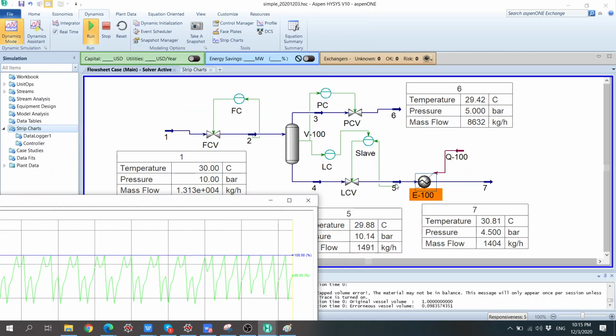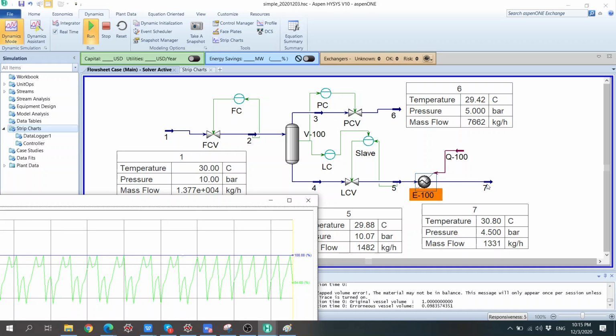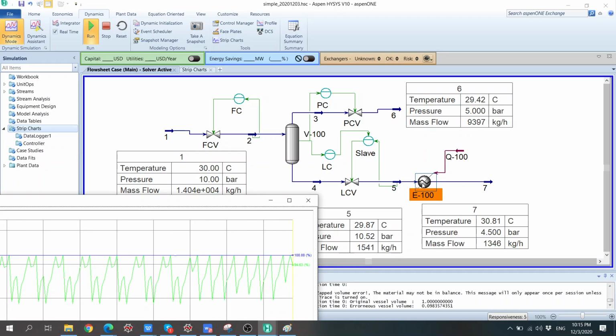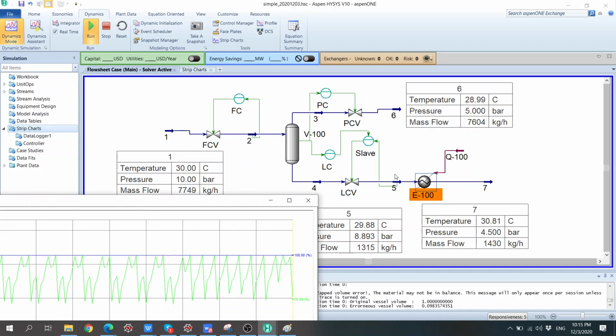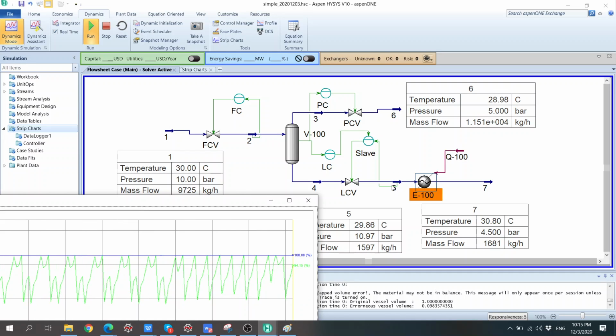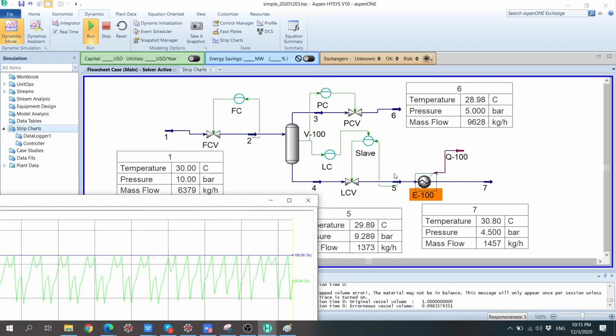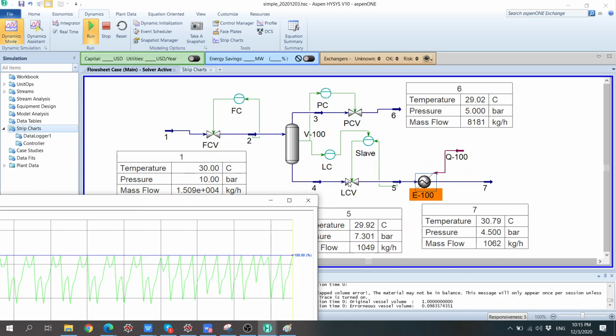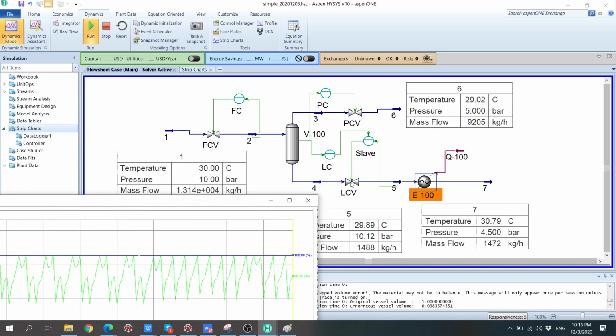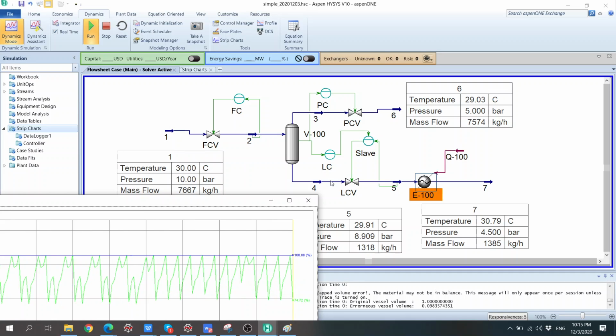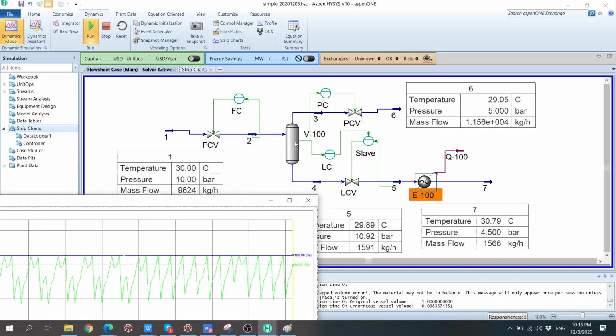You follow? Because we specify pressure, this one has the pressure-flow relationship, and it will calculate the flow rate over here and then the pressure here. If this pressure depends on the flow rate, it can go up and down as well. And then this controller will behave going up and down as well, because it needs to maintain the level in the tank.